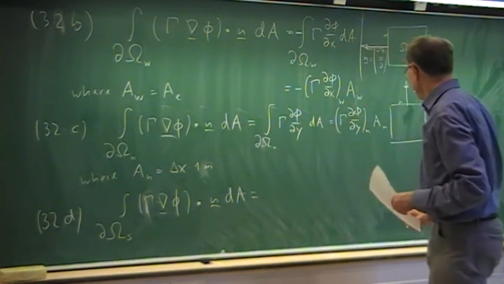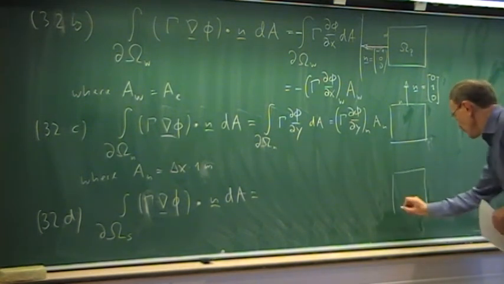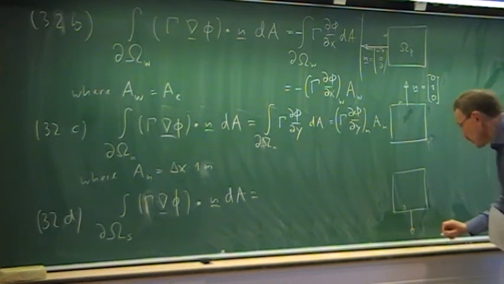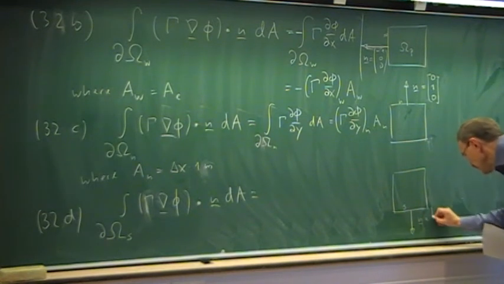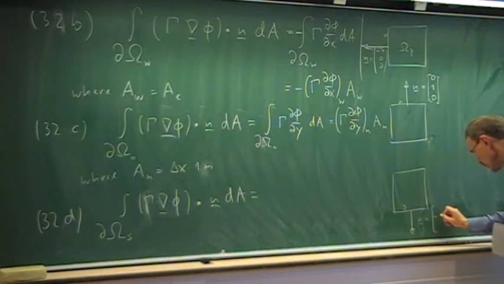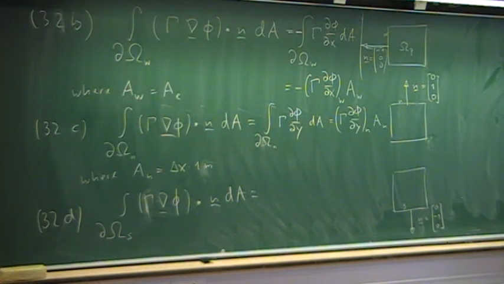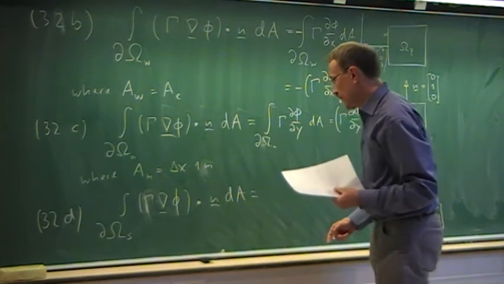Now we are at the southern face, and there the outer unit normal vector goes in the negative y direction, so the normal vector here has only the component -1 in the y direction. The others are zero. So the inner product then gets a minus d phi dy.